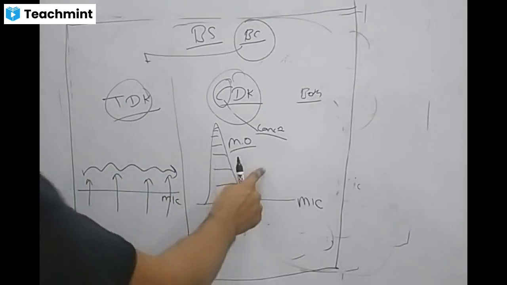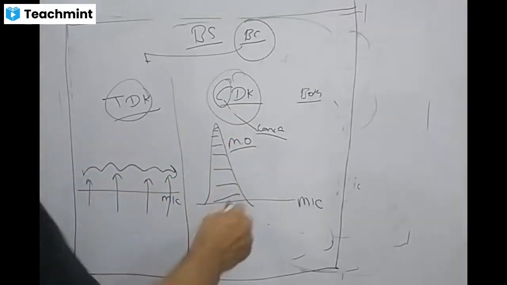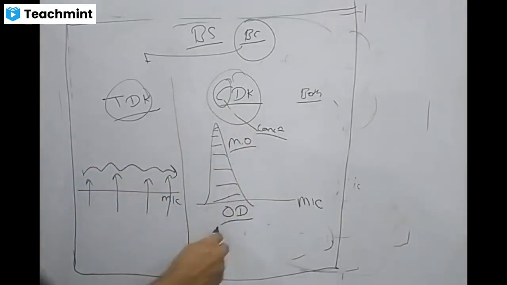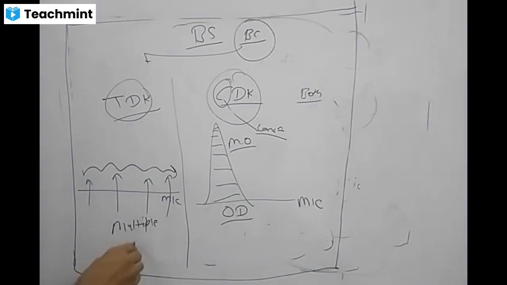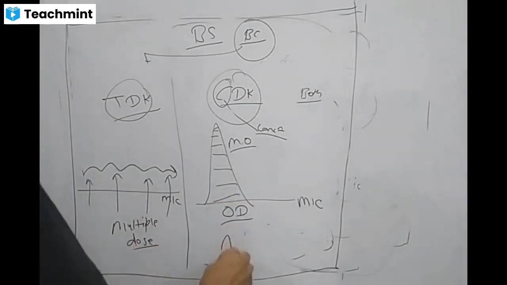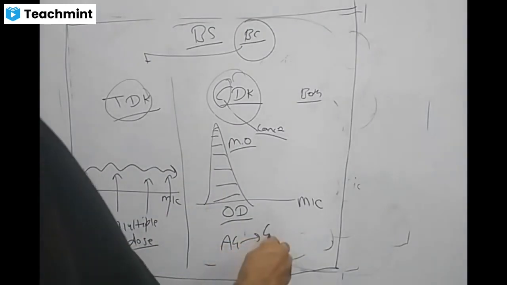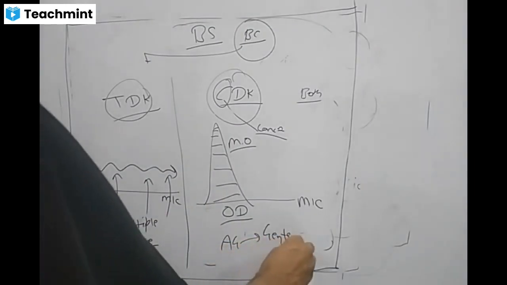But in case of concentration dependent killing, we need to give once a day dosing. And here we need to give multiple doses. An example is aminoglycoside, for example, gentamicin.